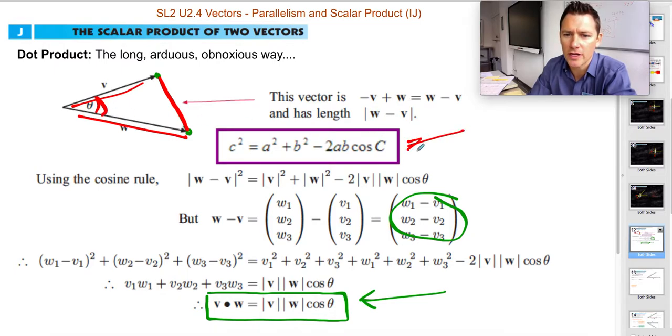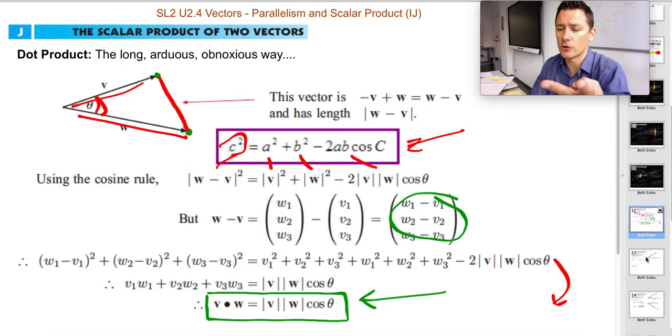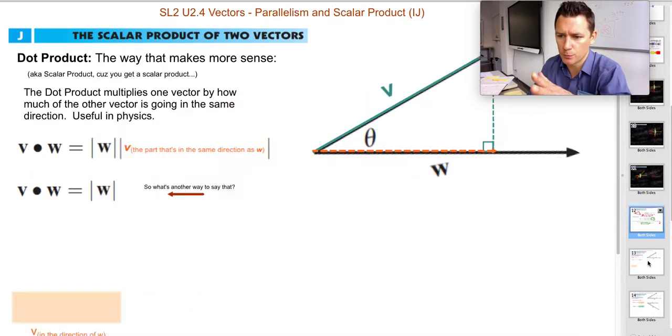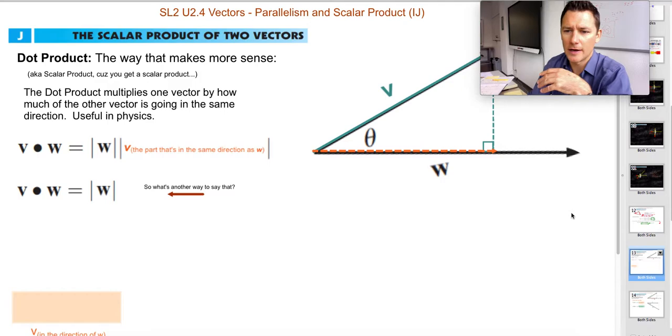It uses the cosine rule and then manipulates it a little bit, right? Changes it into vectors and then cleans it up. I think it's a really interesting derivation, maybe not worth our time because I think there are two easier ways to think about it. So I'm just going to jump to those easier ways.